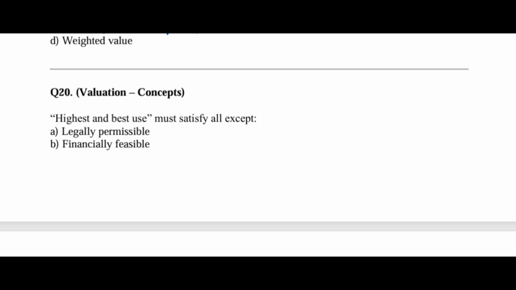See, the concept of highest and best use is famously called HABU. In real estate it refers to the most reasonable, legal, profitable use of property that is physically possible, appropriately supported, and financially feasible. The standard criteria for determining highest and best use: must be legally permissible.